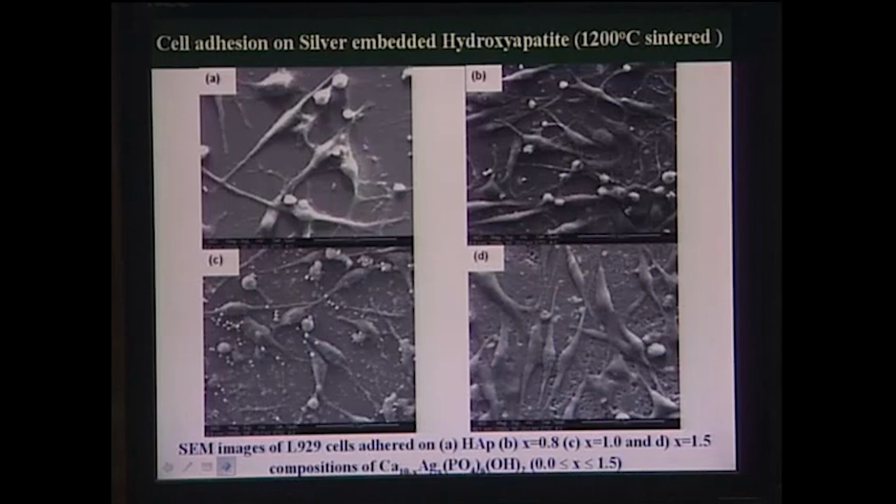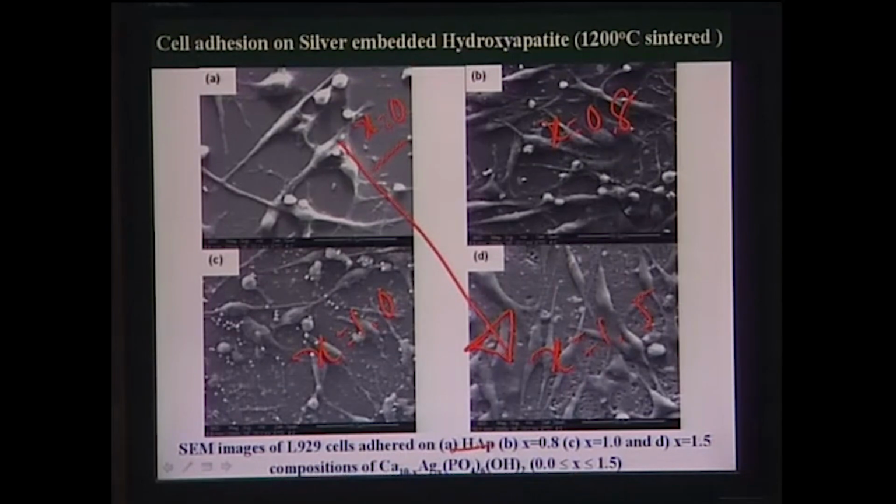Now, this set of 4 AFM images essentially tells you how cell adhesion takes place on the silver-embedded hydroxyapatite. A is pure hydroxyapatite, x is equal to 0, B is x is equal to 0.8, C is x is equal to 1, and D is x is equal to 1.5. What you notice is that there is not much difference when you go from x is equal to 0 to x is equal to 1.5.